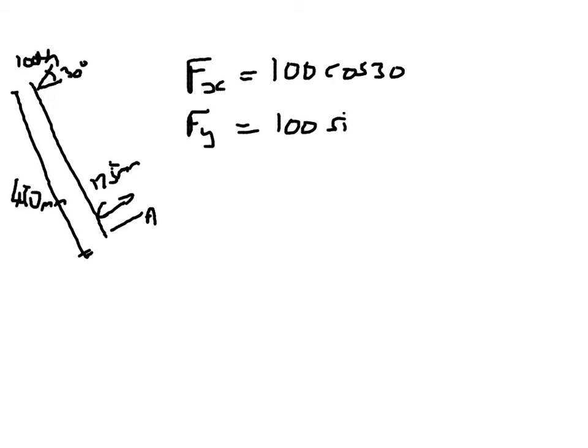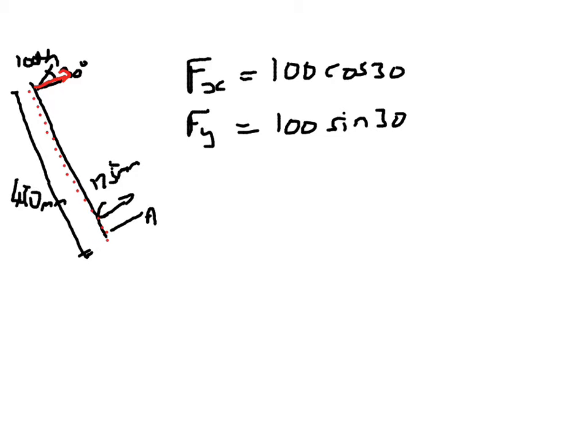So the first thing you'd do is find your forces in the x and in the y. Force in the x is going to be 100 cos 30, and in the y will be 100 sine 30. So my force in the x will be acting that way, so my perpendicular distance from A will be that one.